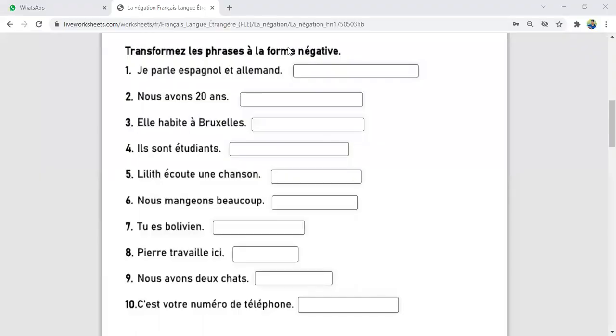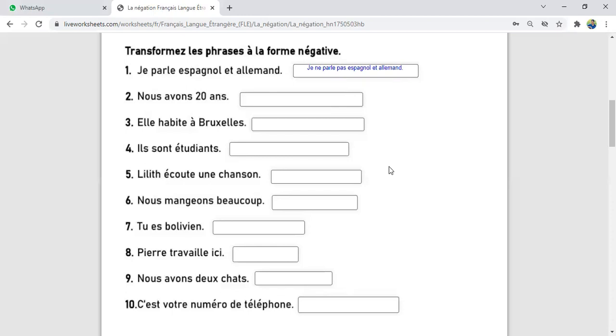Those who sent the answers also correct your answers. Je parle espagnol et allemand. That means write down the meanings also.